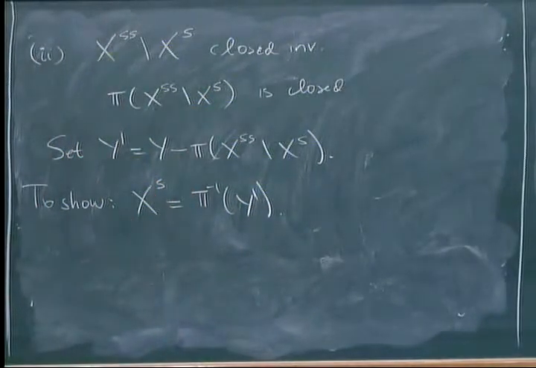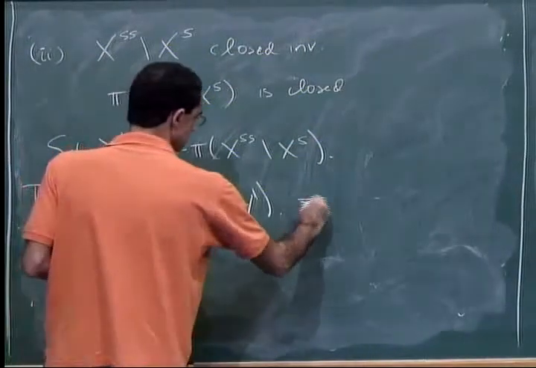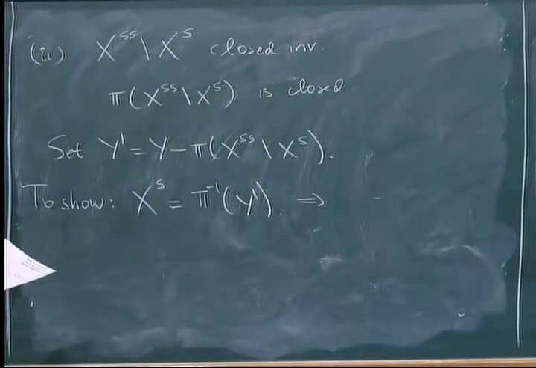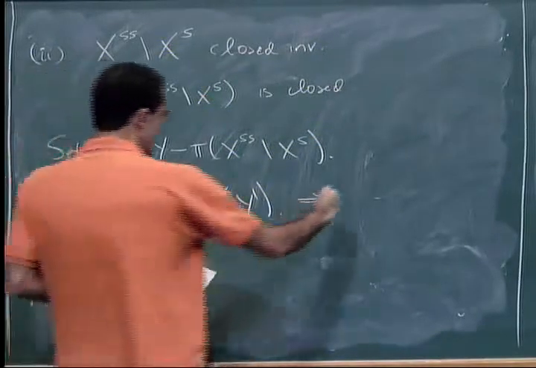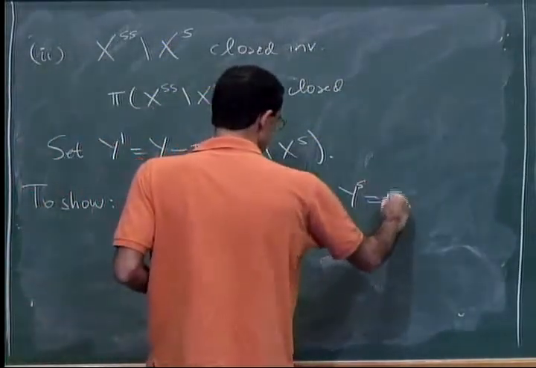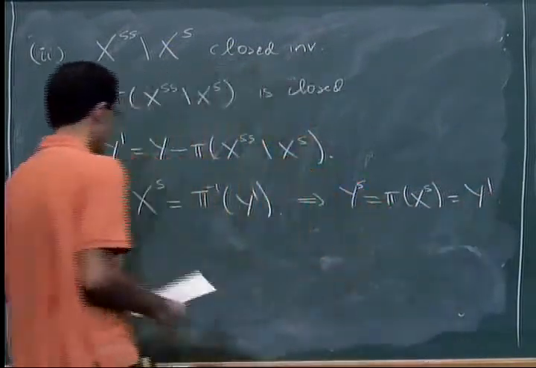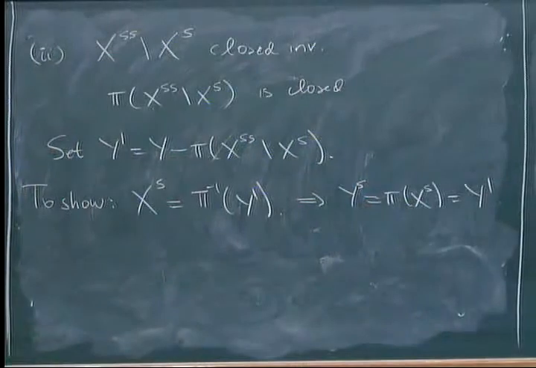Okay. So once we show this, then what you have is that YS, which is the image of XS, is simply Y prime, because the map pi is surjective. Right?